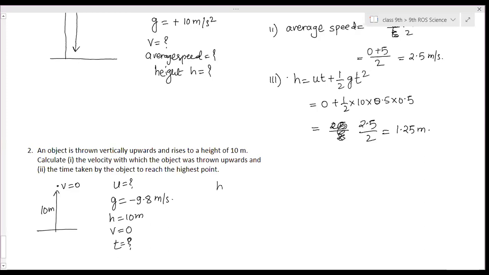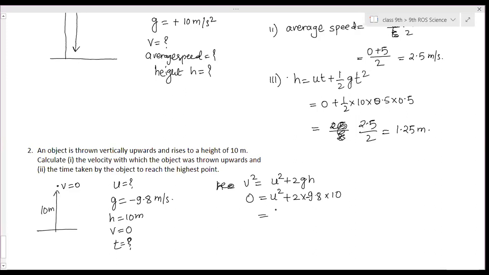V square is equal to u square plus 2gh is the formula. V is 0, u square we have to calculate, plus 2 into minus 9.8 into h is 10. Better if we take 10.